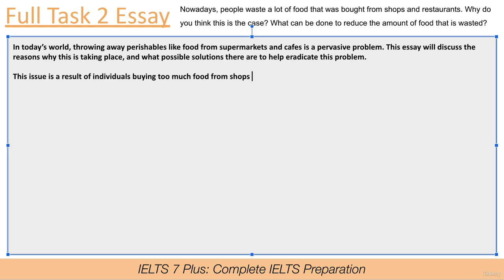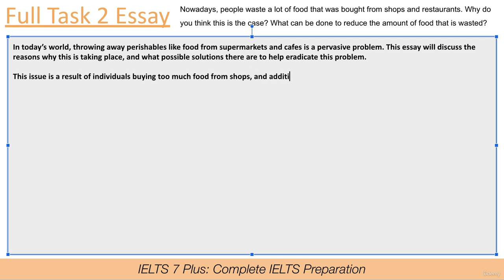It's okay to say the words from the question here and there. As long as we're not repeating ourselves too much, then that's the main thing. Okay, so the issue is a result of individuals buying too much food from shops.